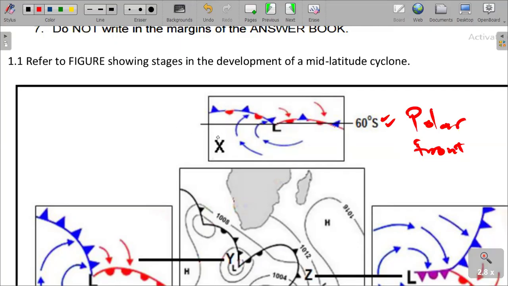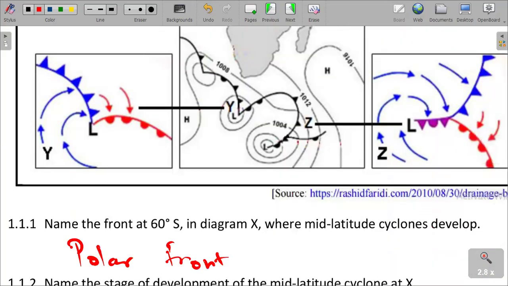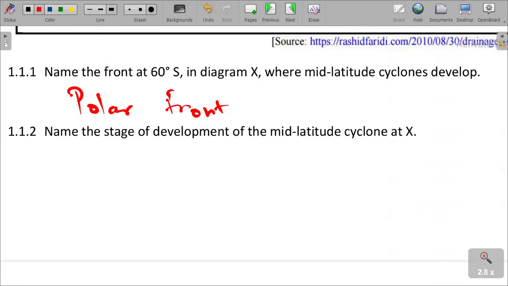At X there is evidence that we are seeing an occlusion, which is also trying to show the circulation or the building up of air masses. So what you need to know is that this is called the formative or initial stage. Just say formative or initial stage.